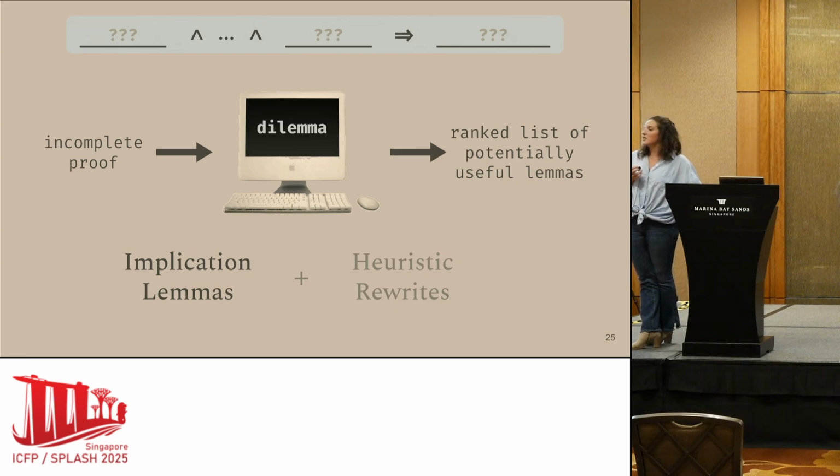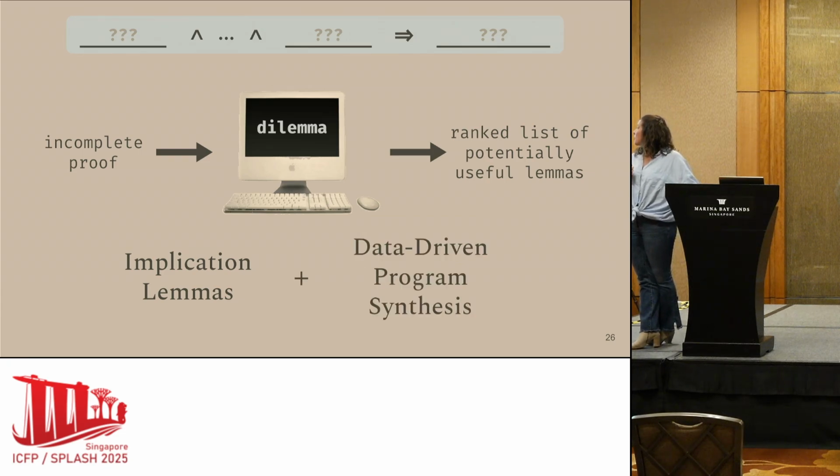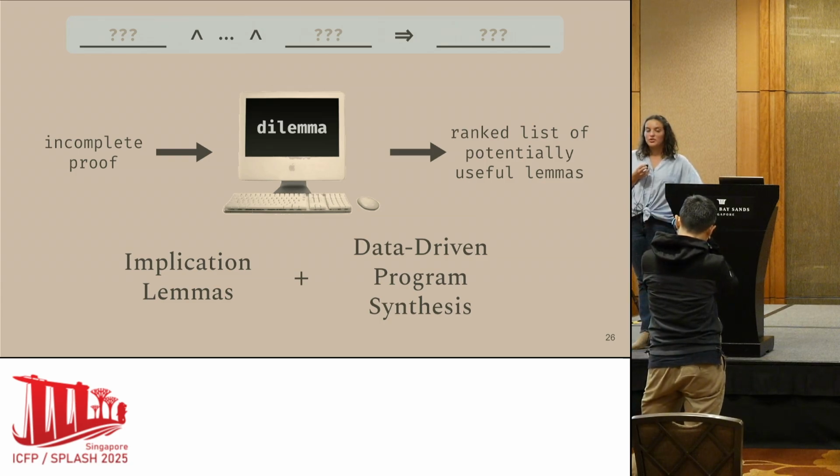They're specifically heuristically applying rewrite rules, which will only yield things that are constrained by equality. So the search space of implicants is a little bit constricted. For that reason, we reduce our problem to a data-driven program synthesis problem, which lets you increase expressivity over the types of terms and propositions that you're searching for.